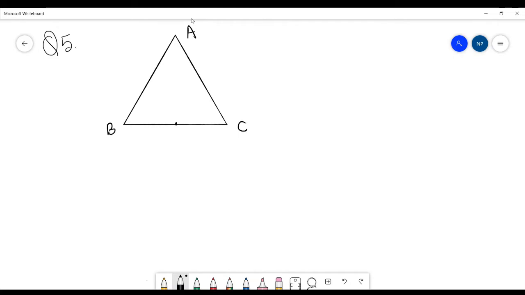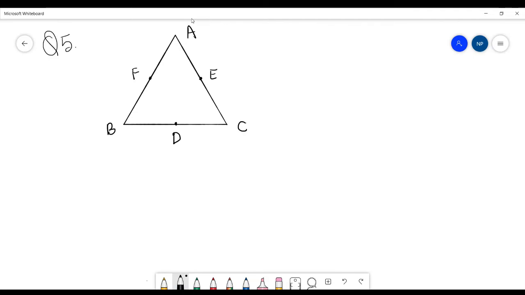So here is D. Then E is the midpoint of CA. Here is E. Then F is the midpoint of AB. Here it is F. Now they are asking us to find the ratio of areas of triangle DEF and ABC. ABC is the original one.